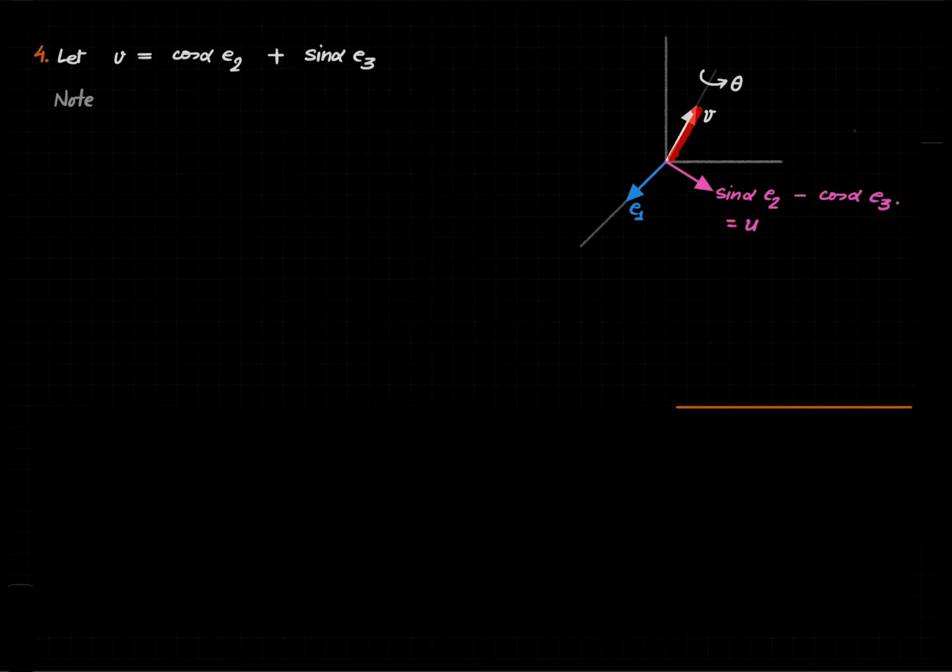This vector V, I've chosen it as a unit vector. So alpha is which angle? Alpha is this angle. I should have mentioned that. This is alpha. Okay, so note that this basis E1, U and V has the standard orientation.